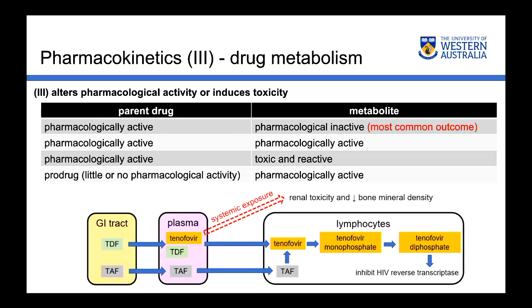The third one, a pharmacologically active parent drug is converted to a toxic and reactive metabolite. One example I use in many of my lectures is paracetamol. When we use the recommended dose, paracetamol is safe. The problem with paracetamol is that in the event of overdose, it's converted to a toxic metabolite that cannot be detoxified quickly enough by our body.